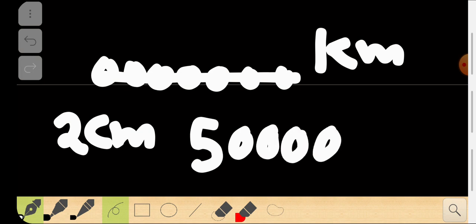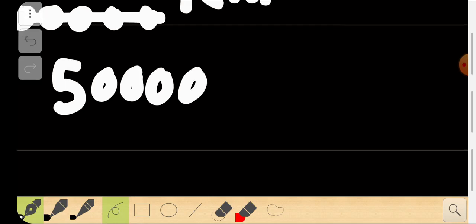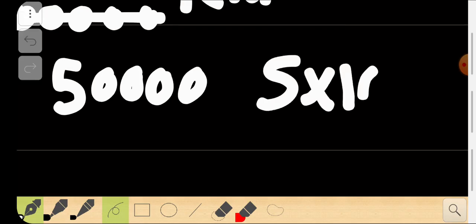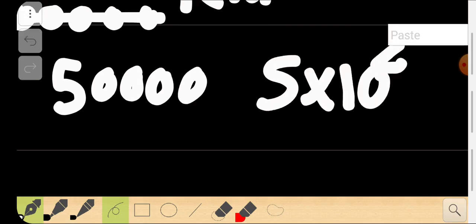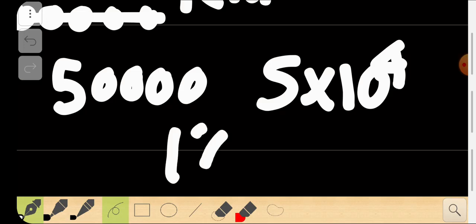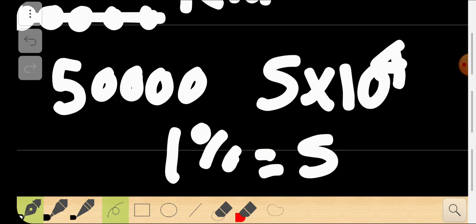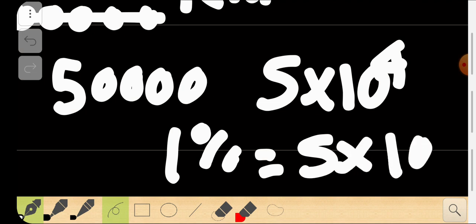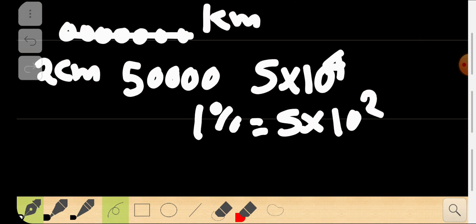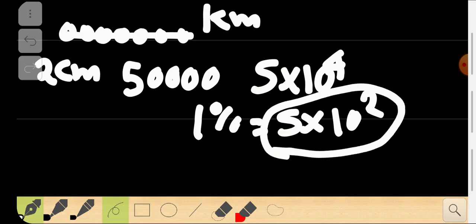So 50,000 coins you need, that is 5 times 10 to the power 4, right? The 1 percentage of 5 times 10 to the power 4 is 5 times 10 to the power 2. That's a big number. That's 500, right? So even 500 is okay for you.